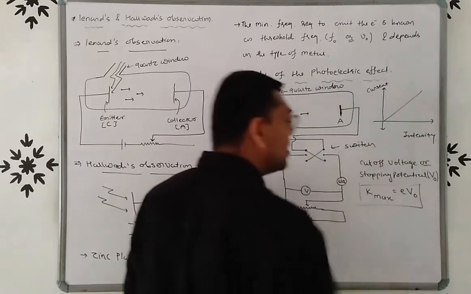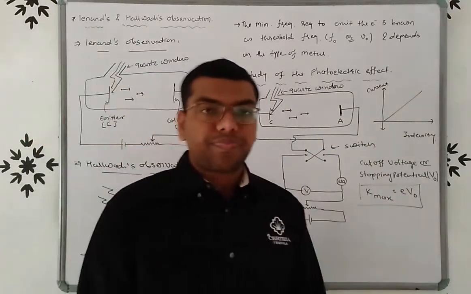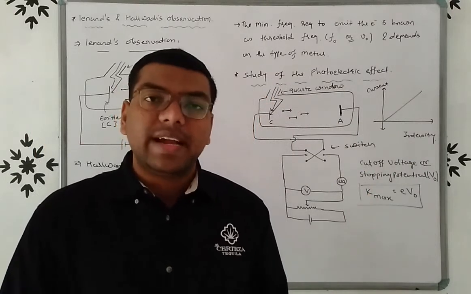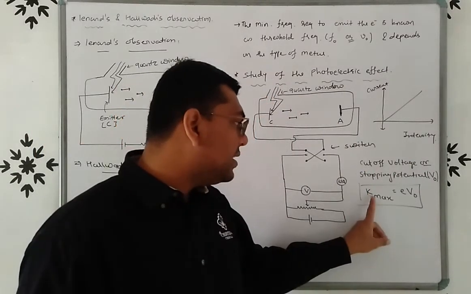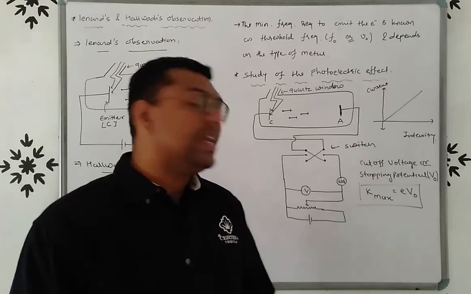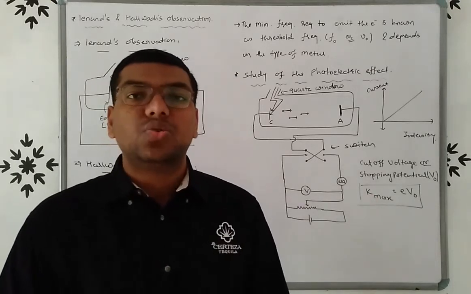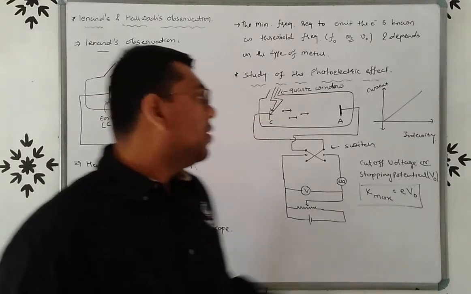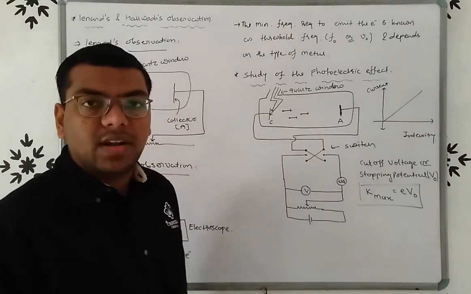So when the flow of current, or you can say photoelectric current, becomes zero, at this time the kinetic energy is equal to eV0, right? Once again friends, what is the effect of potential?